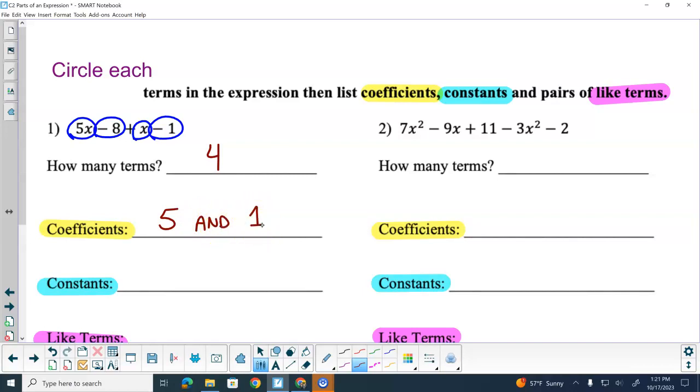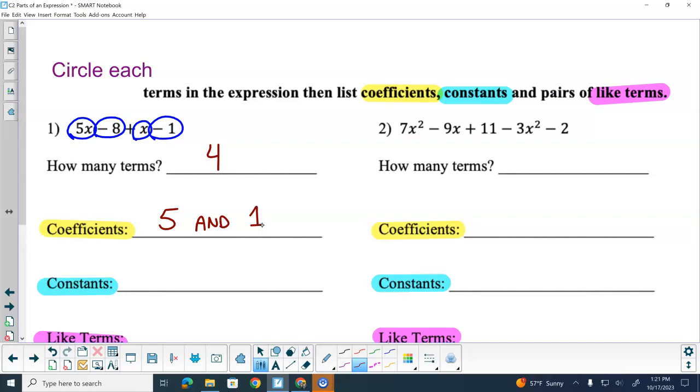Does -1 have a coefficient? Nope, because it doesn't have a variable. Gotta have a variable in order to have a coefficient. Okay? Constants, looking back up at the top of the page. What was our definition for a constant?